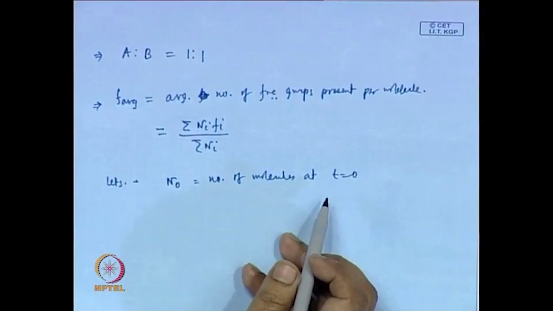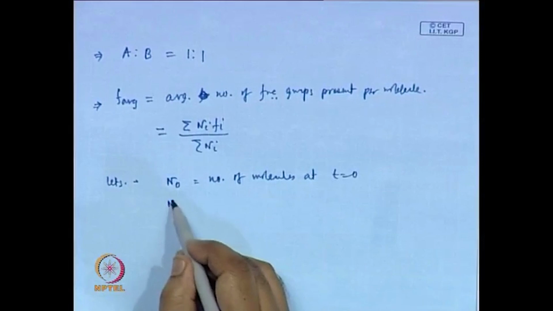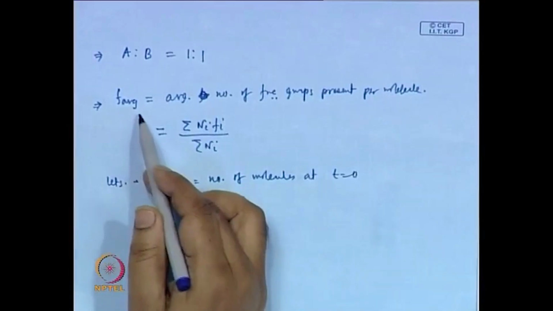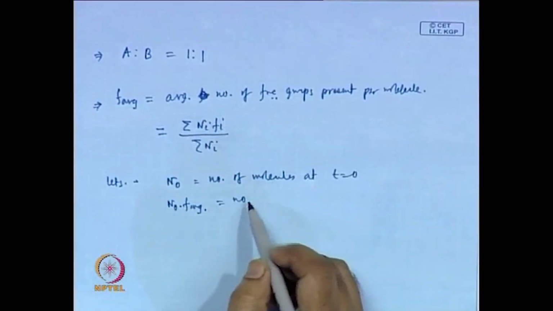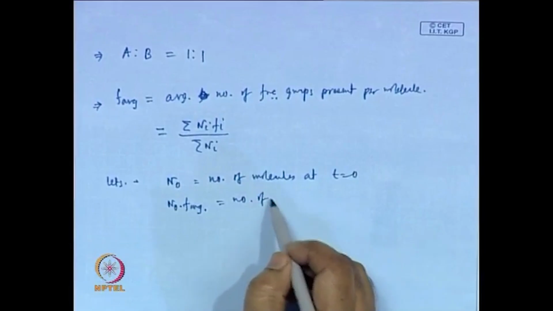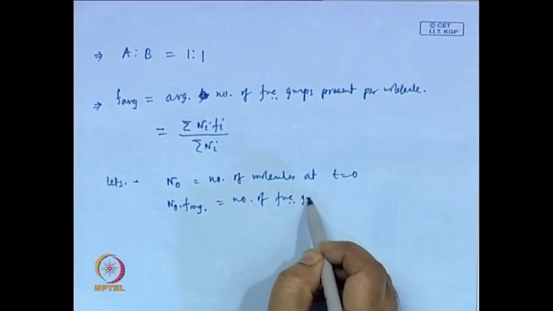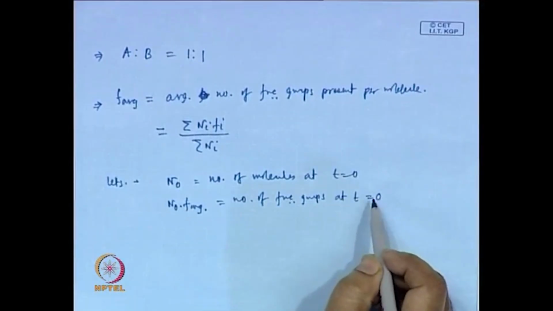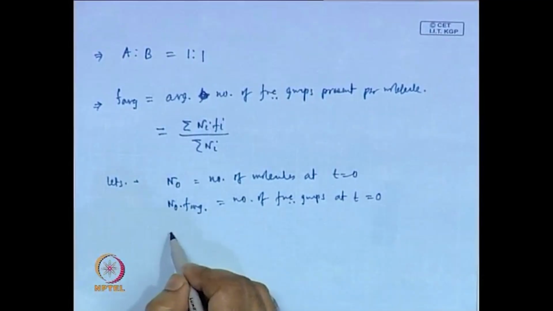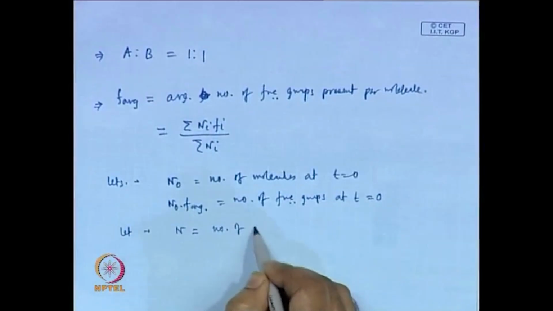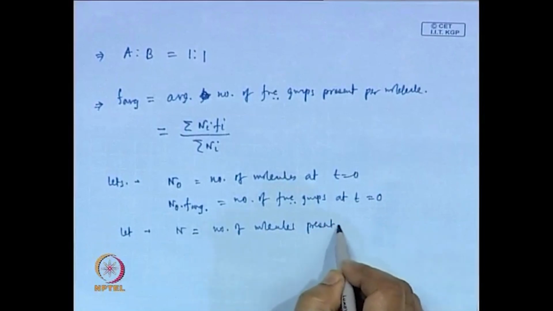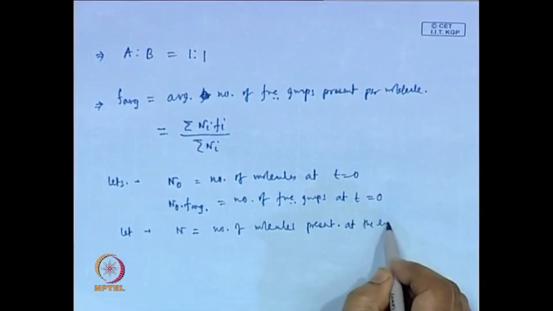So, what is the number of functional groups? N0 multiplied by F average, because F average is the number of functional groups present per molecule on average. So, that is the number of functional groups present at t equal to 0. Also, let N be the number of molecules present at the end of the reaction.